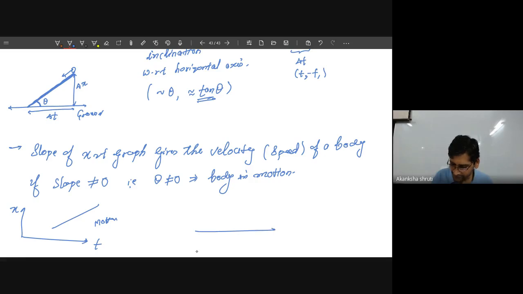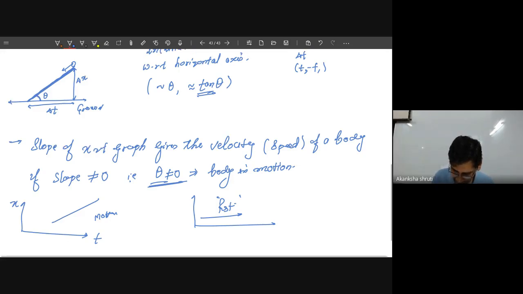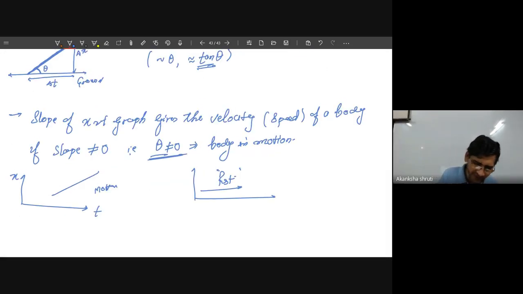But if the graph is like this one, exactly horizontal, then it is at rest. The same thing is also illustrated by considering this angle theta. Okay, students? So this is the importance of this inclination. So inclination can give us the value of the velocity as well as an idea whether it is in rest or motion.